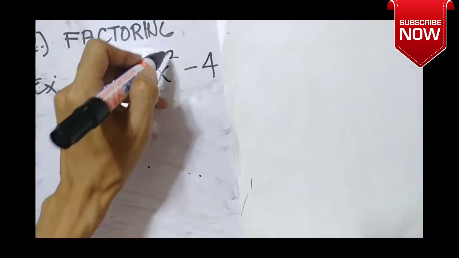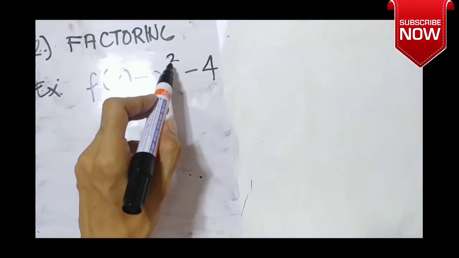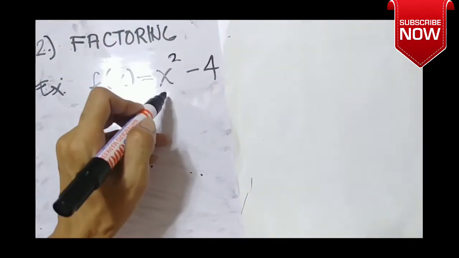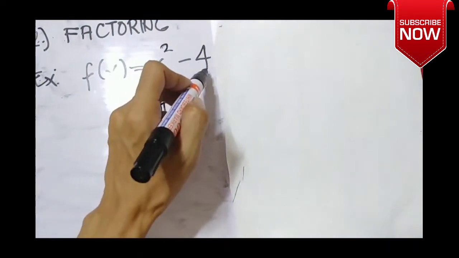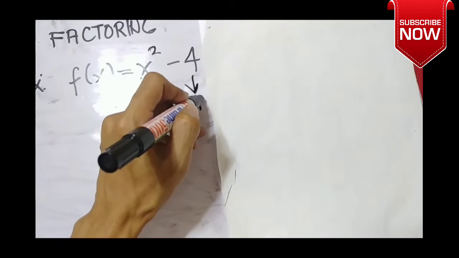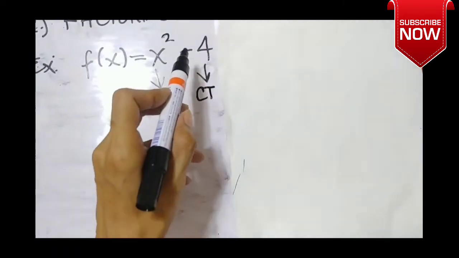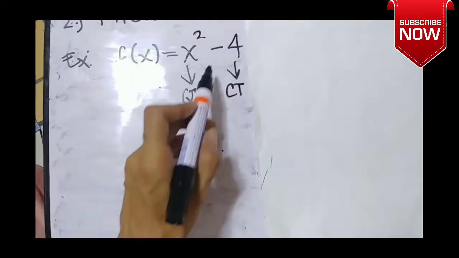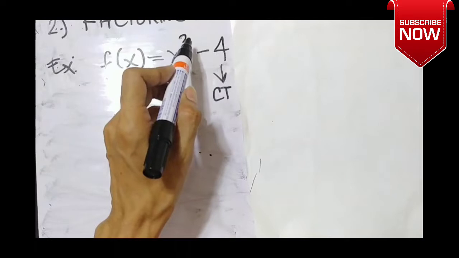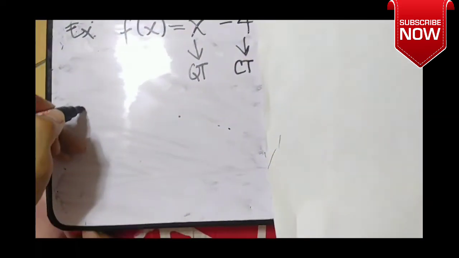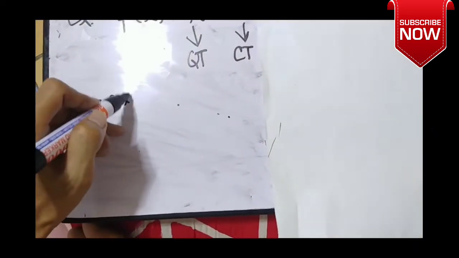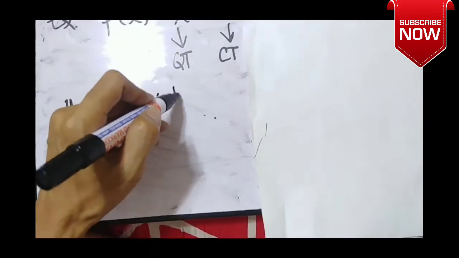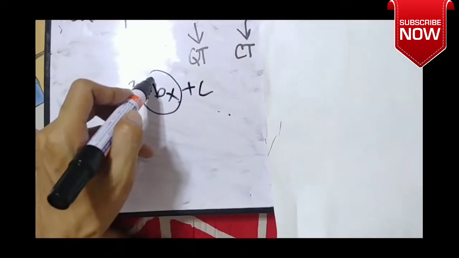The first term, which contains the second degree, that is the quadratic term, and the negative 4, that is the constant term. At missing ang linear term, yung may bx, yung sa quadratic function na y is equal to ax squared plus bx plus c. Missing ang bx na to.